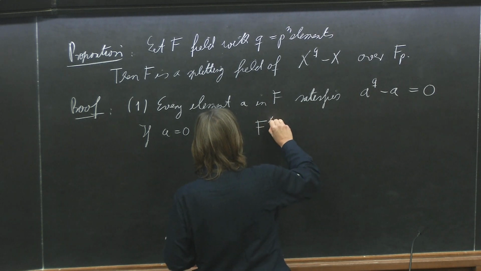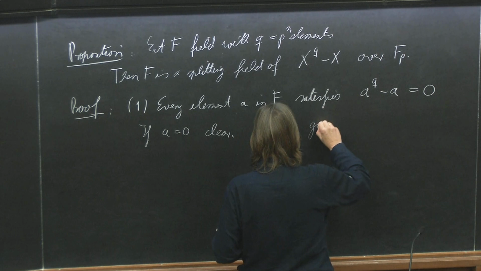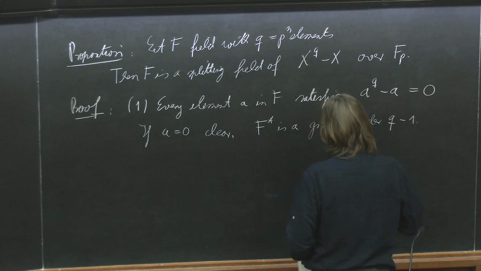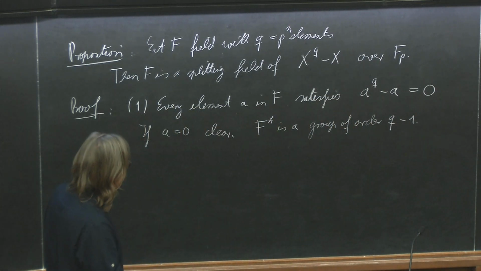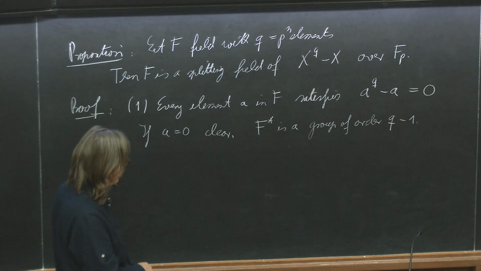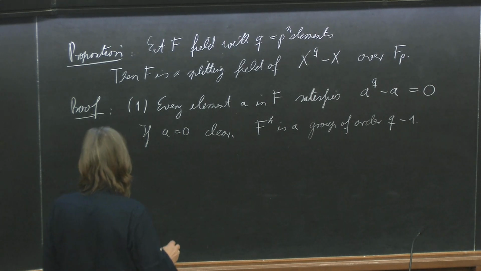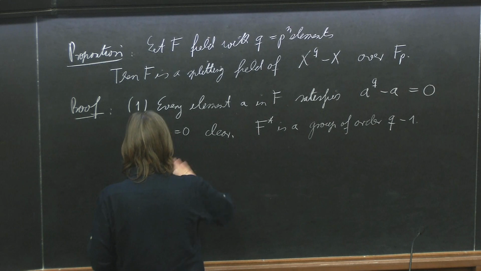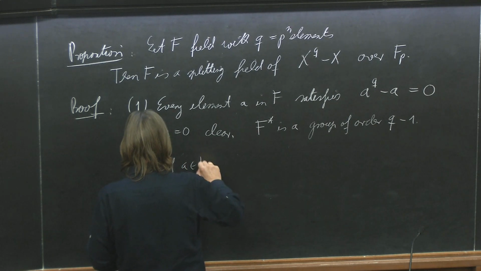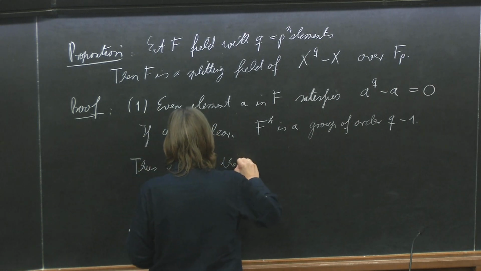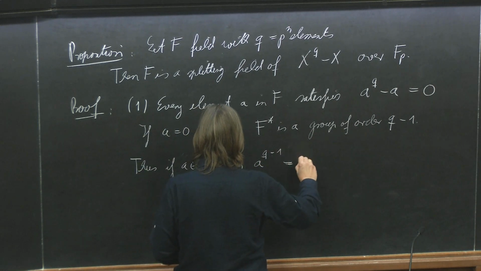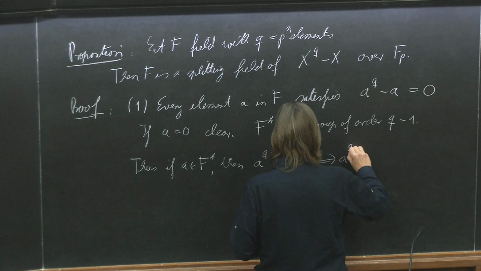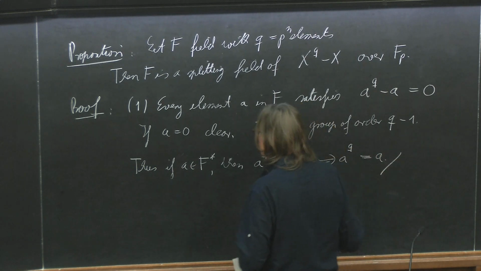So F star is a group of order q minus 1. So we know that any element in this group, if we take it to the power q minus 1, we get 1. So thus, if A is in F star, then A to the q minus 1 is equal to 1, and we can multiply this by A, and so A to the q is equal to A.